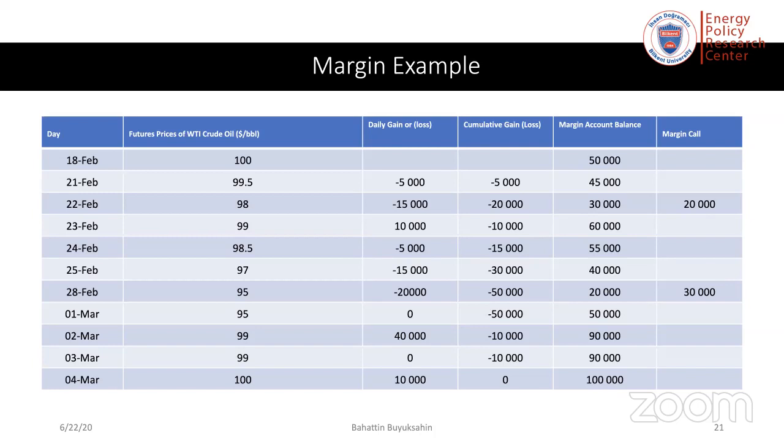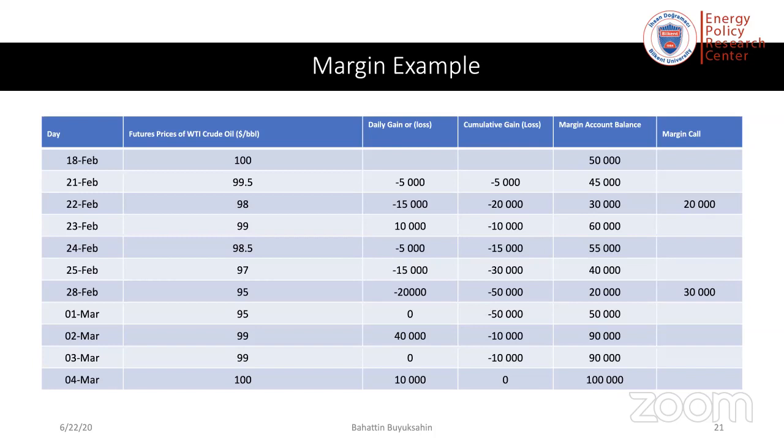But the maintenance margin for this one is $37,500. So your margin account falls below the maintenance margin. Then you will get a margin call from your broker to bring the margin account to initial margin. Basically, they are asking you to deposit $20,000 in your margin account.